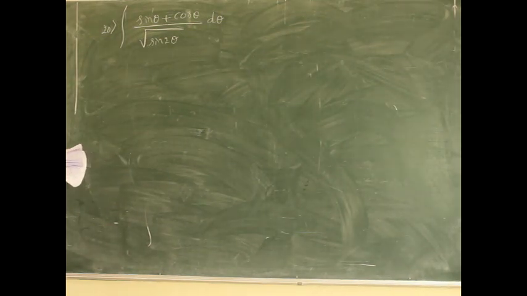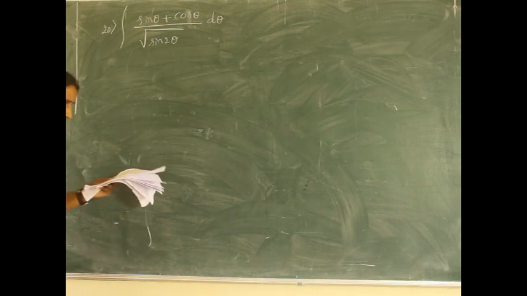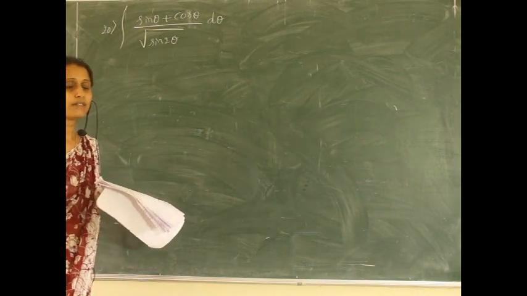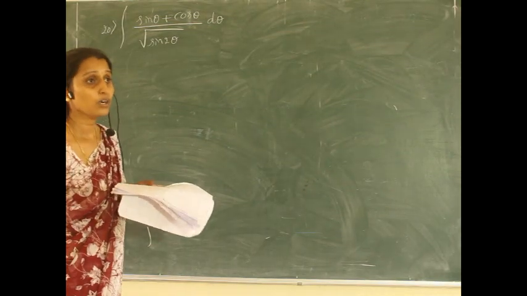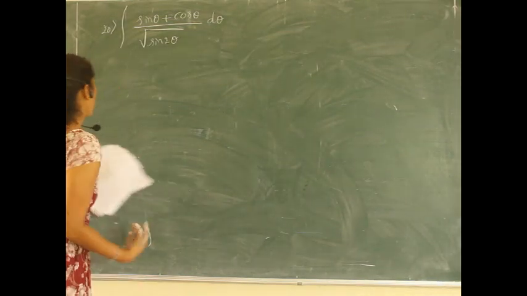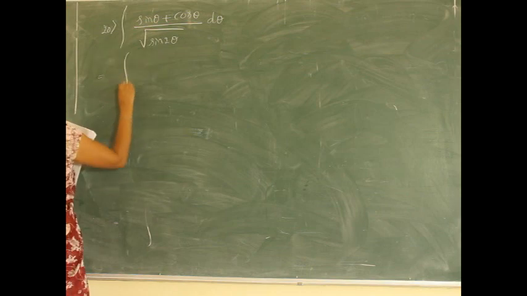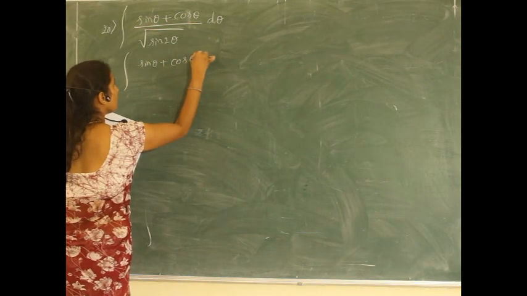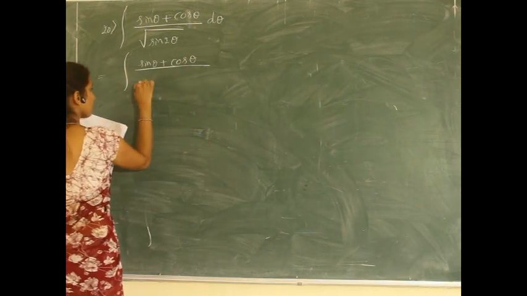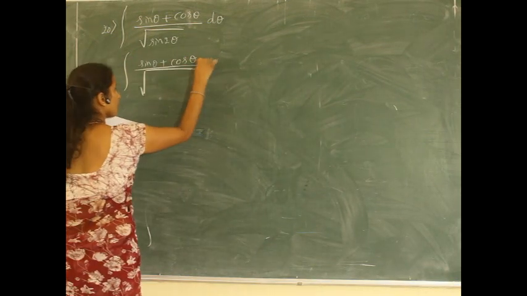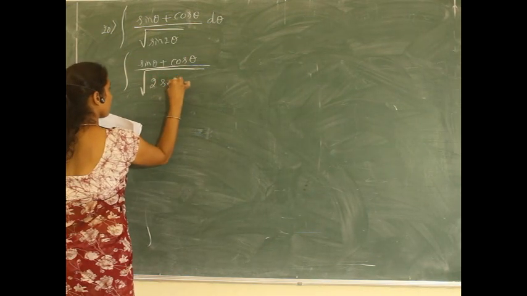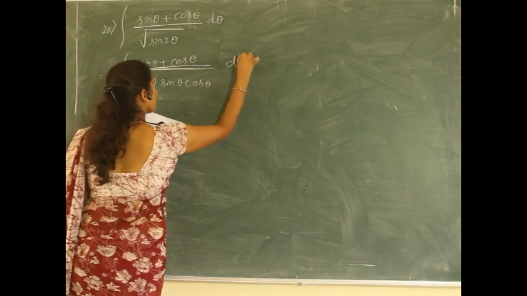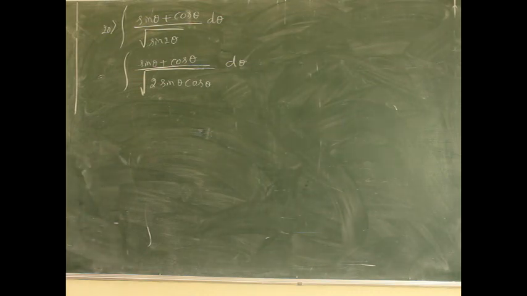How can we simplify this? We have sin theta plus cos theta in the numerator and root of sin 2 theta in the denominator, and we know the formula of sin 2 theta is 2 sin theta cos theta.